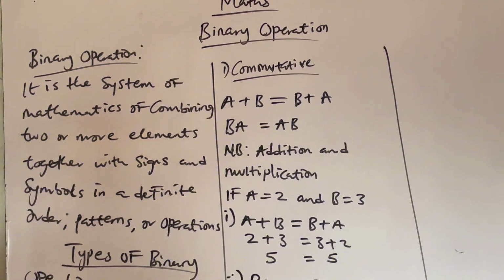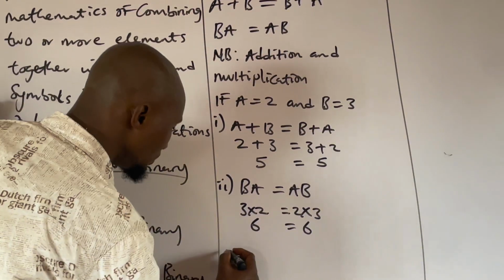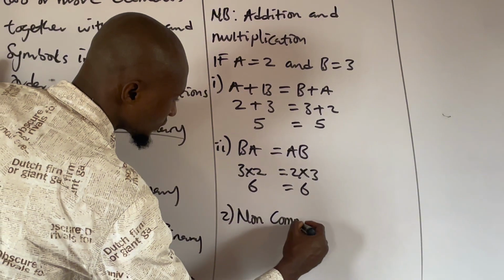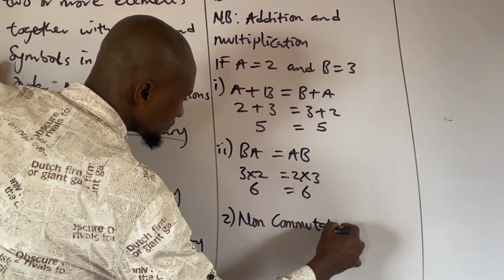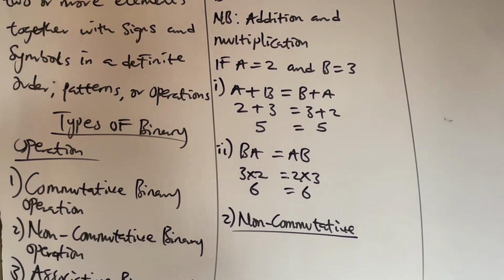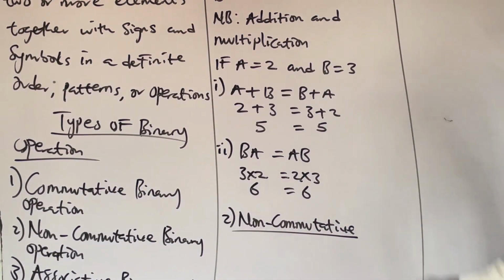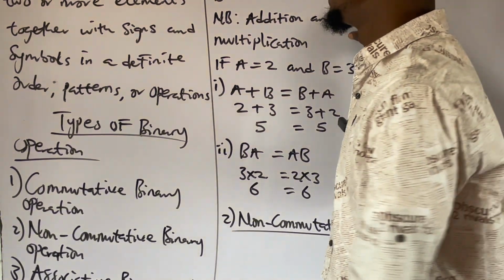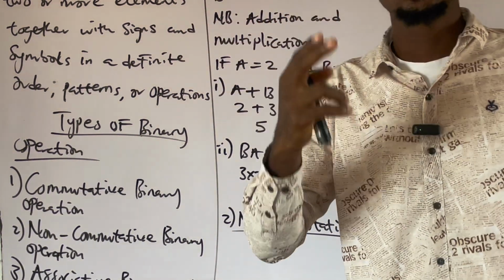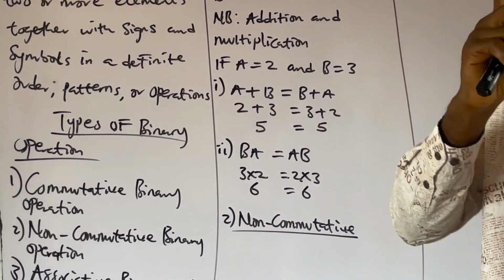Let me continue. Number 2 is non-commutative. Now here, pay attention. Don't forget what I told you here. Anytime you remember commutative, two things should come to your mind: addition and multiplication.